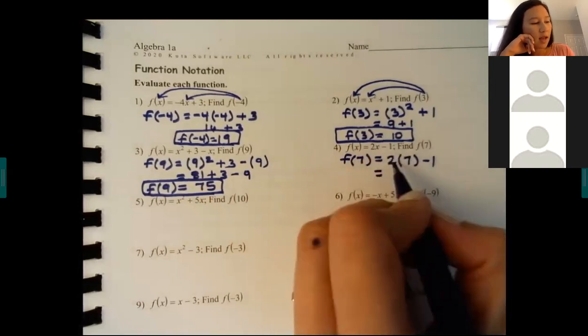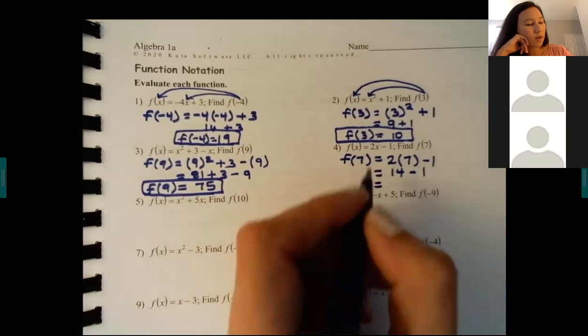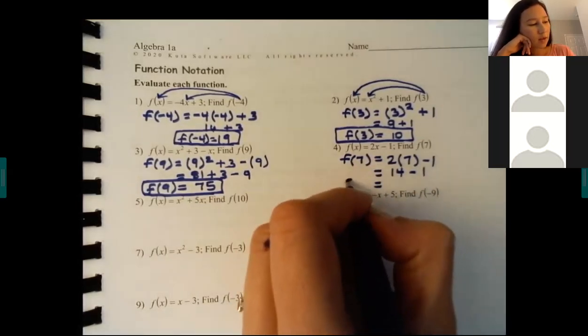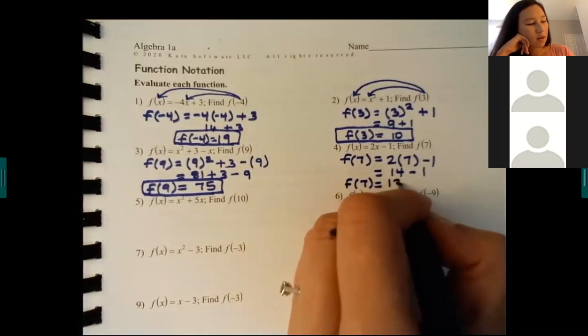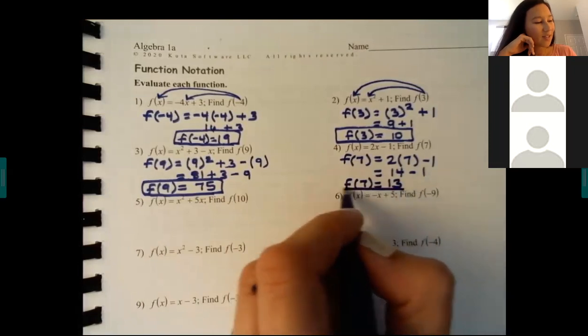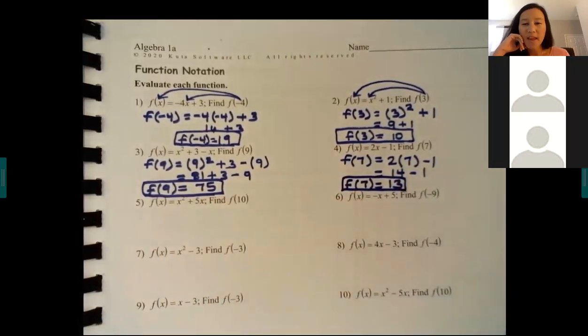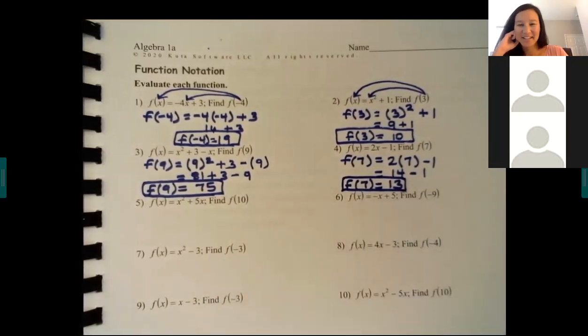So then I get 2 times 7, which is 14, and 14 minus 1, which is 13, right? Yeah. Sorry, my computer just glitched. Oh, no problem. Very good.